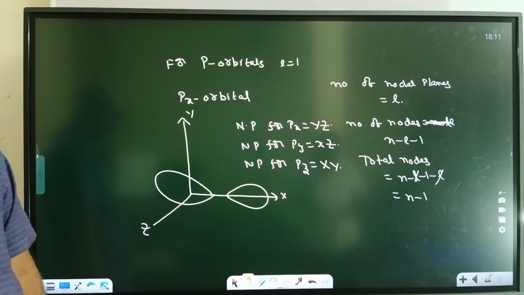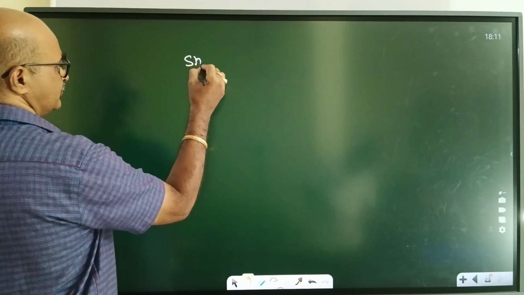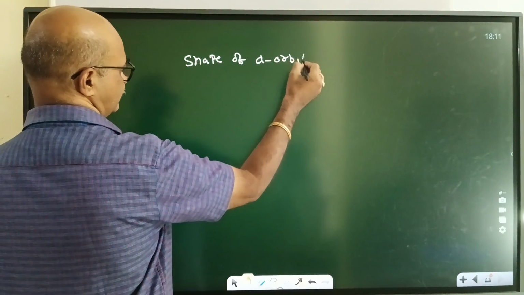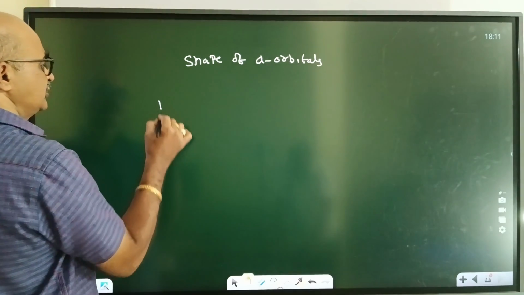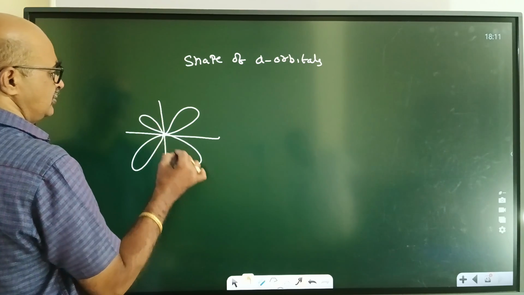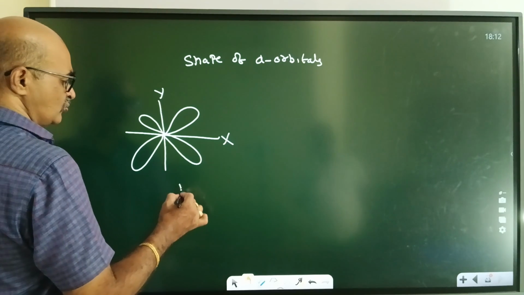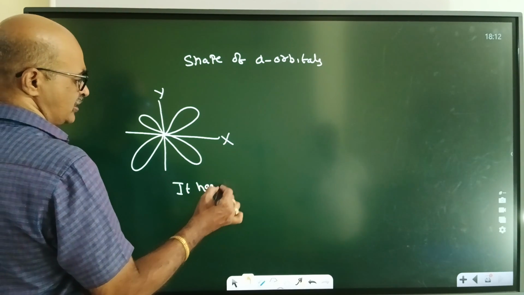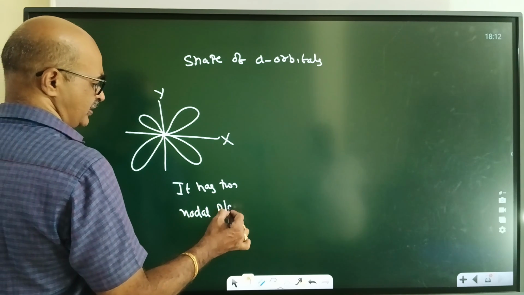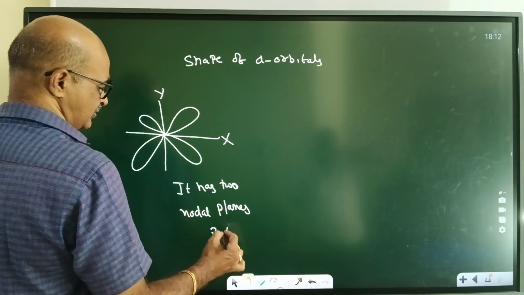Okay. For d orbitals, shape of d orbitals. This is a dxy orbital. This is x-axis, this is y-axis. It has two nodal planes, ZX and YZ.